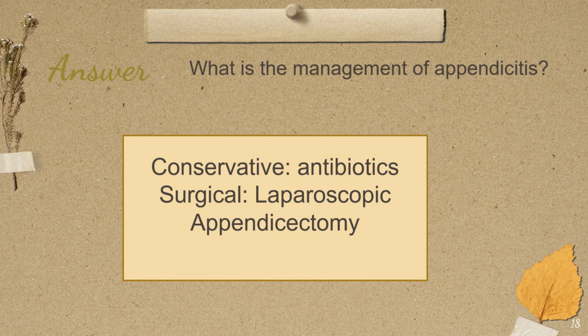One is conservative, which is treatment with antibiotics, fluids, analgesia. The second is surgical management, and that's having an appendicectomy. Now, laparoscopic appendicectomy just means keyhole surgery, compared to open appendicectomy, which is where you have an incision down the midline of your abdomen, and they open up your abdomen entirely to remove the appendix.